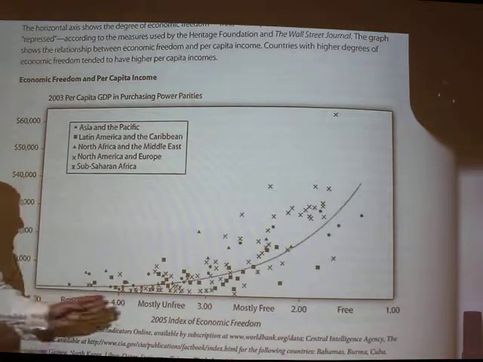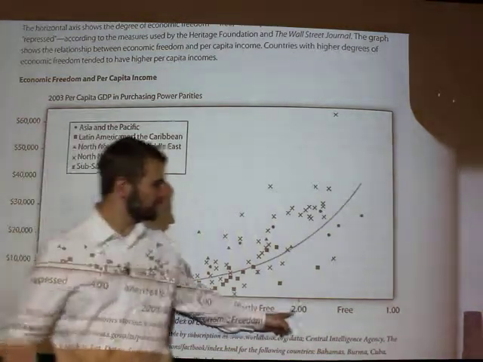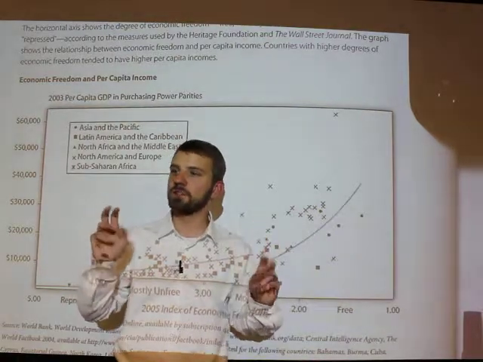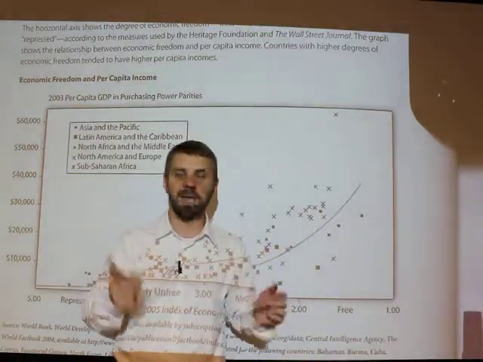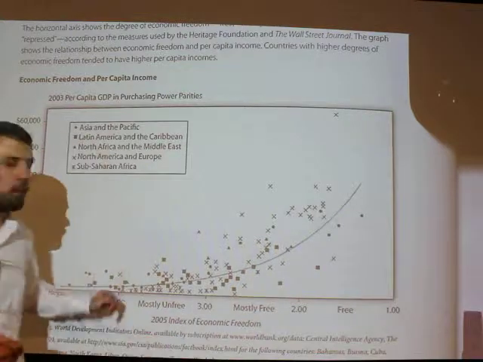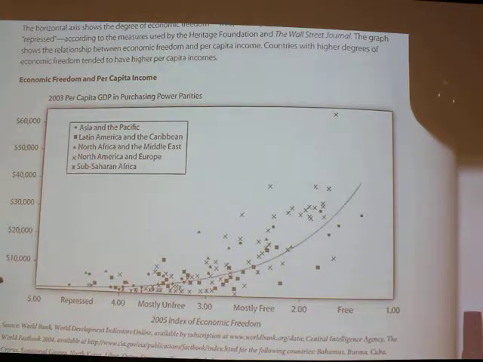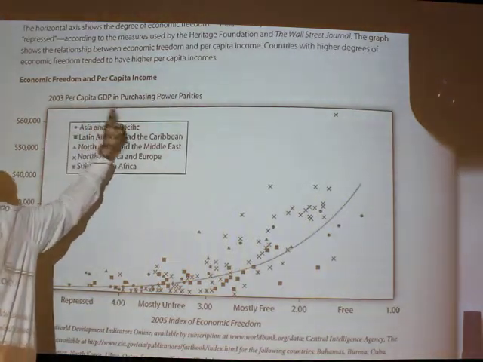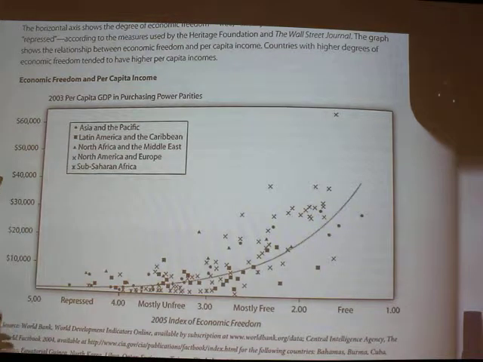So if you have, it turns out, a low score, it means you are free. Or in other words, you are a highly market capitalist economy. Now, on the y-axis, we have average income. Technically, it's GDP per capita. This is a macroeconomic concept. For this class, I would just say this is average household income.